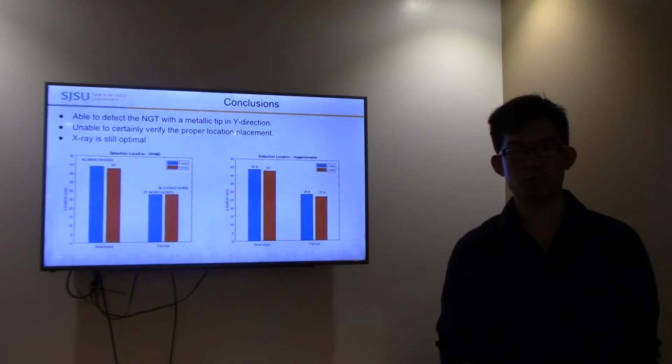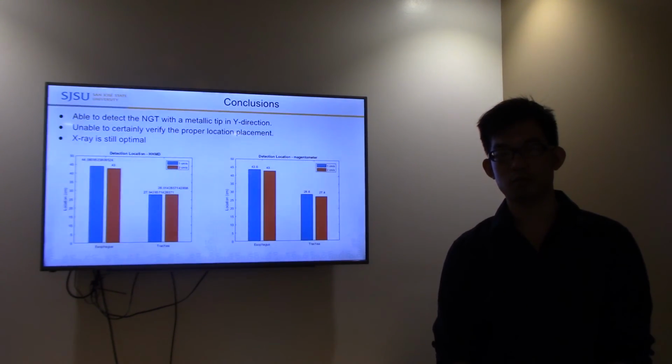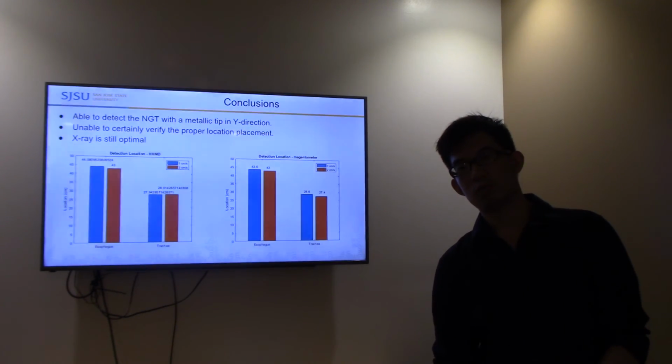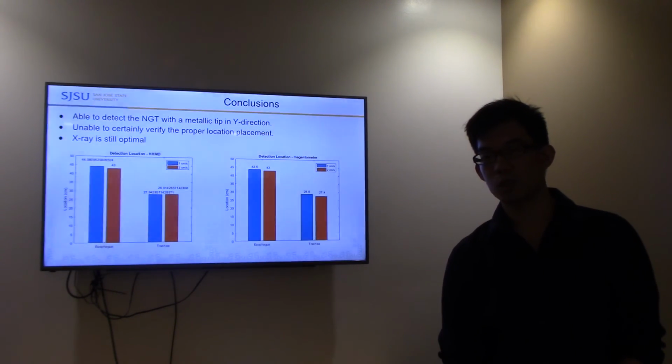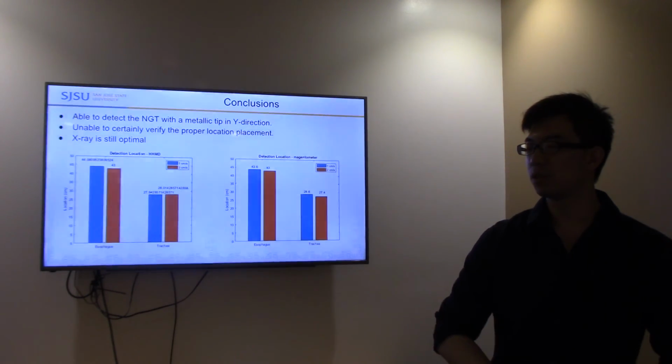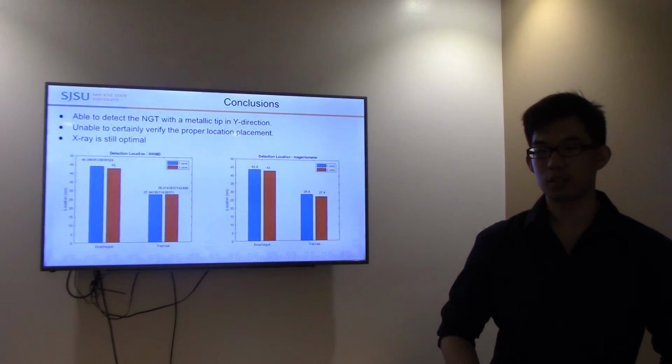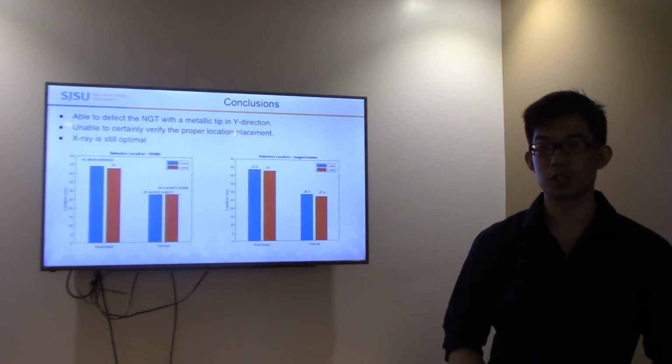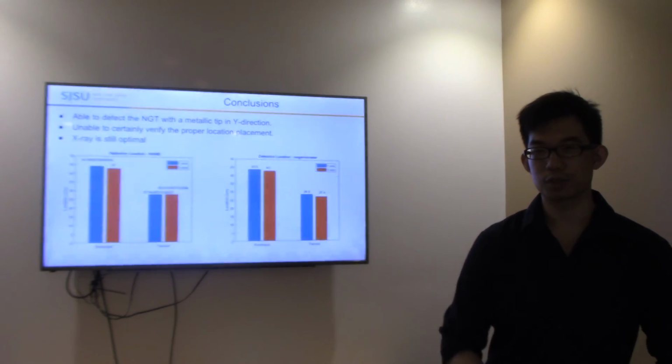I don't understand how the experiment relates to the goal. So the goal was to provide a method to make sure the tube is in the proper place without using the X-ray.